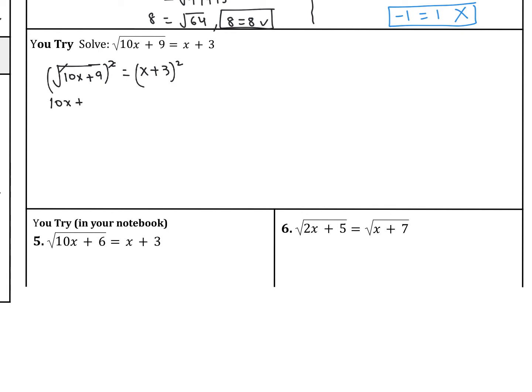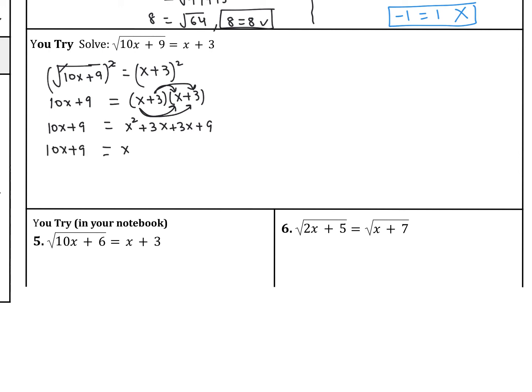So 10x plus 9, and on this side you're going to have x plus 3 times x plus 3. So you got 10x plus 9, and x times x is x squared, x times 3 is 3x, 3 times x is 3x, and 3 times 3 is 9. So you got 10x plus 9 equals x squared plus 6x plus 9.